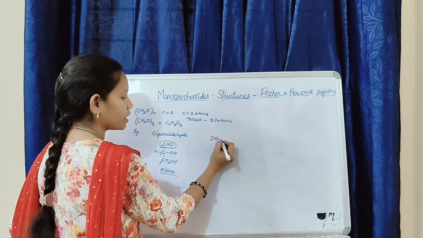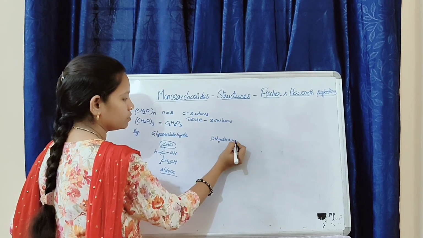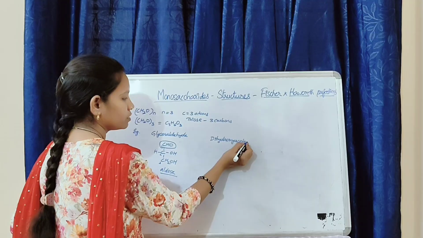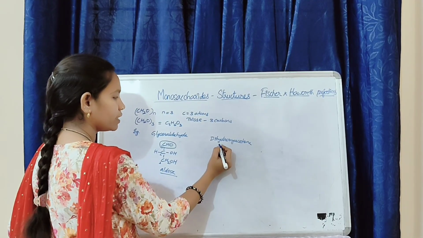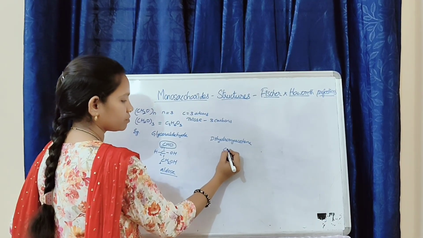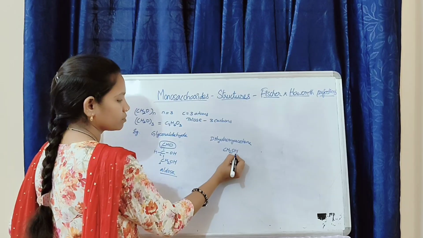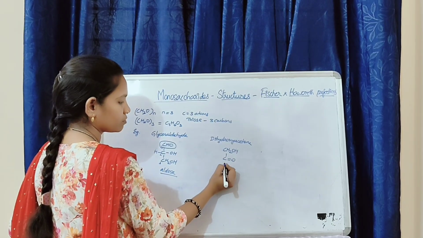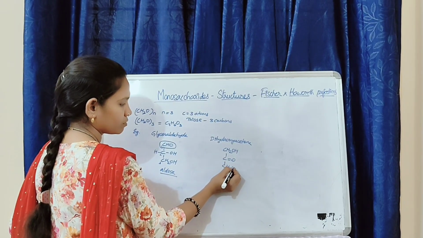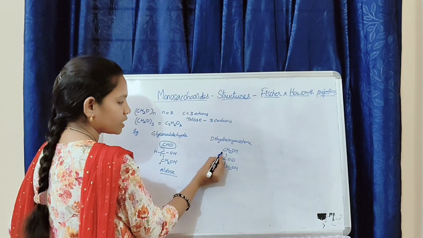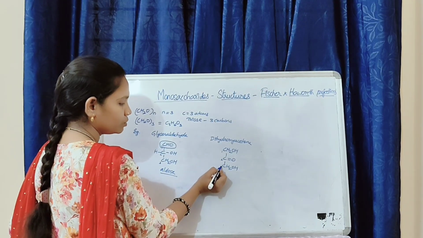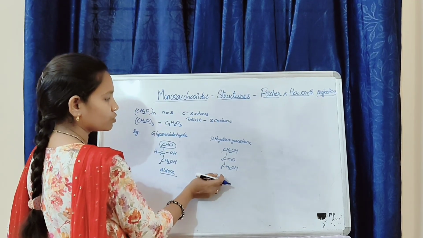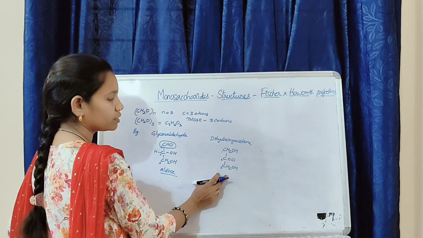It is dihydroxyacetone. Start numbering the carbon atoms. Carbon 1, carbon 2, carbon 3. So it is also a triose, means 3 carbon sugar.